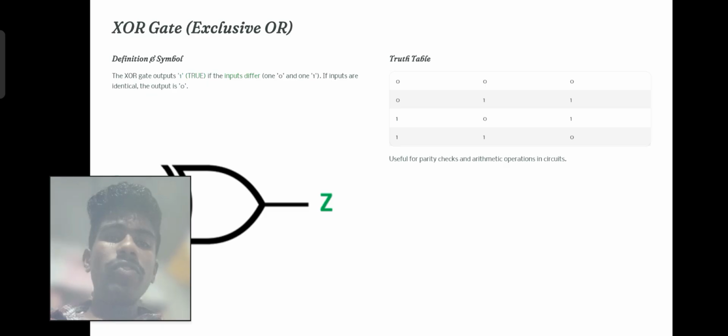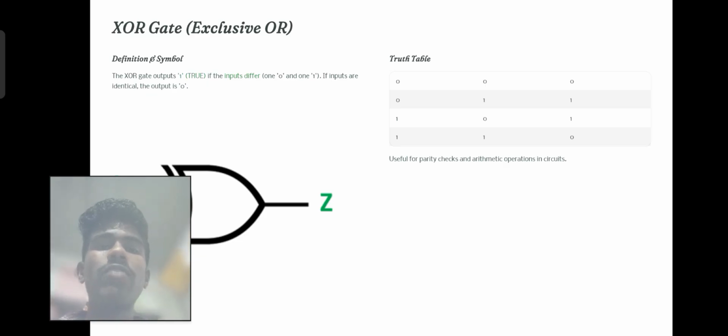If the input variables are represented by A and B, and the output variable by X, the expression for the output of the gate is written as X equals A XOR B equals A B bar plus A bar B. Gates with three or more variables do not exist for XOR.